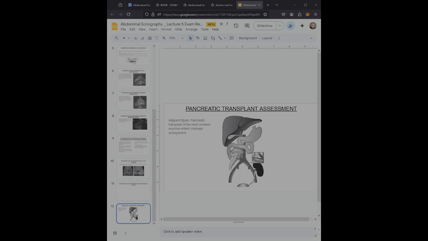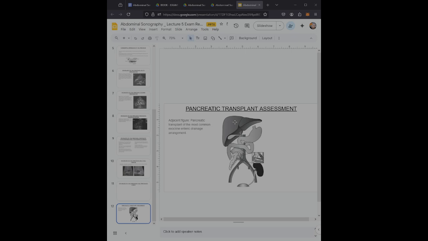In cases of chronic rejection, the pancreas can appear more hypoechoic, atrophic, and contain calcifications. There might be certain fluid collections such as abscesses, ascites, hematomas, or urinomas, or even pseudocysts.